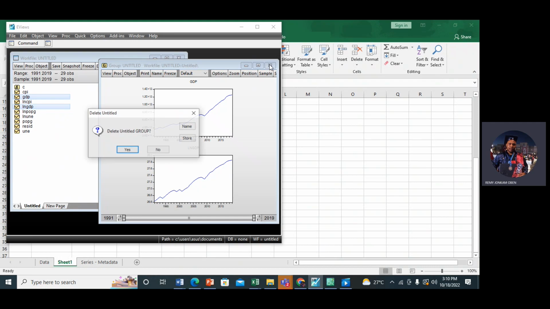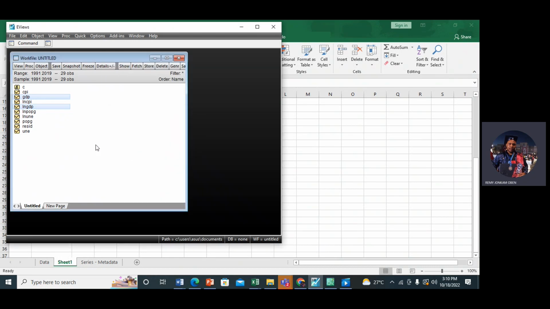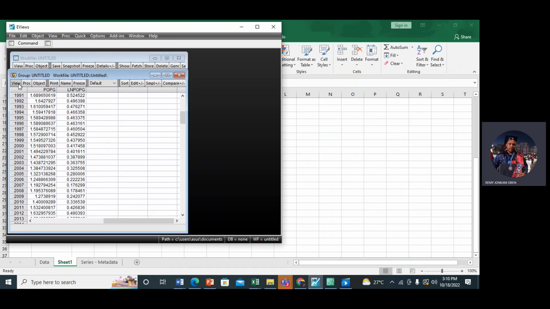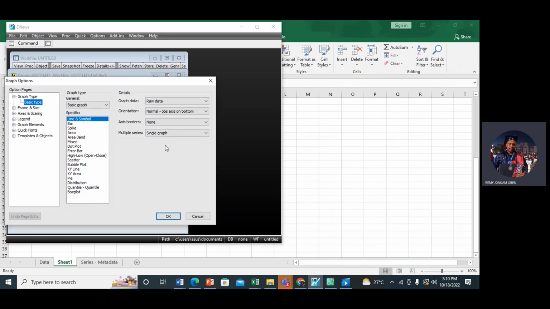Okay, that's for GDP. Let's check, let's say population growth. This is population growth raw data. This is log transform data. I open both of them. I go to view, graph, come to multiple graphs so you can see both of the graphs at once.